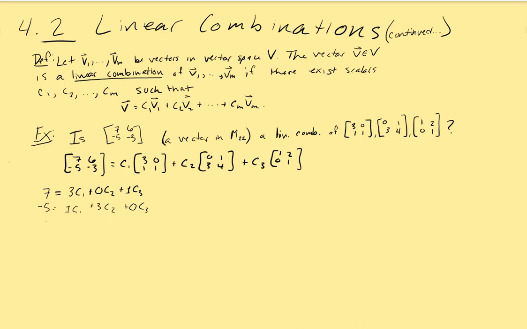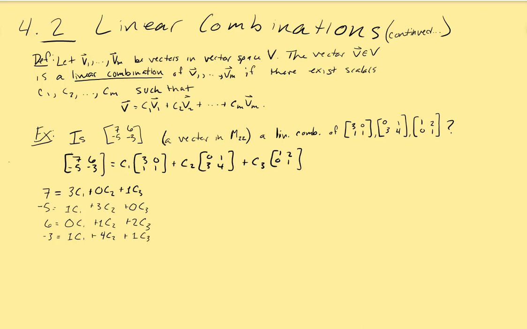Looking at first row, second column, we get 6 equals 0C1 plus 1C2 plus 2C3. Finally, last row, last column, -3 equals 1C1 plus 4C2 plus 1C3.